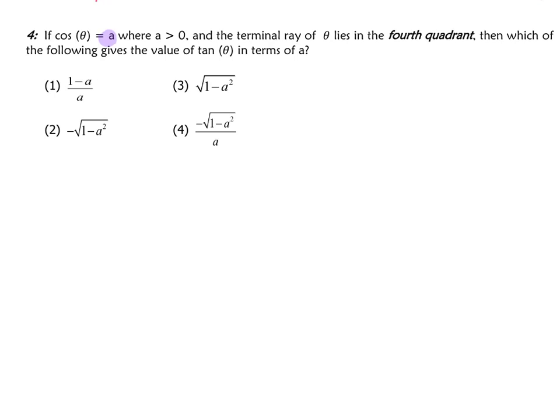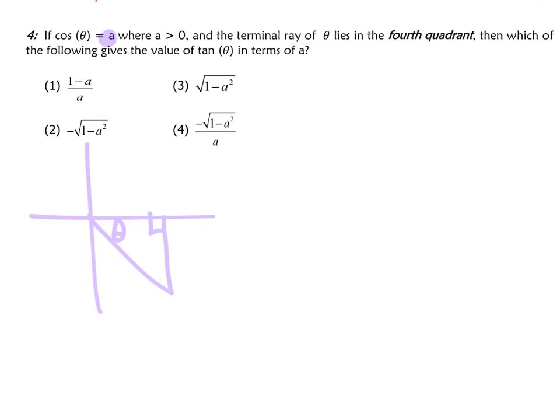But we don't know anything about the sine. Now, if I were to try and graph this up on the 4th quadrant, right? Here's my theta. They don't give me enough information in order to find the sine. So what do we do? There's something else that we can do that I haven't talked about in this lesson, but it was a big part of earlier lessons.